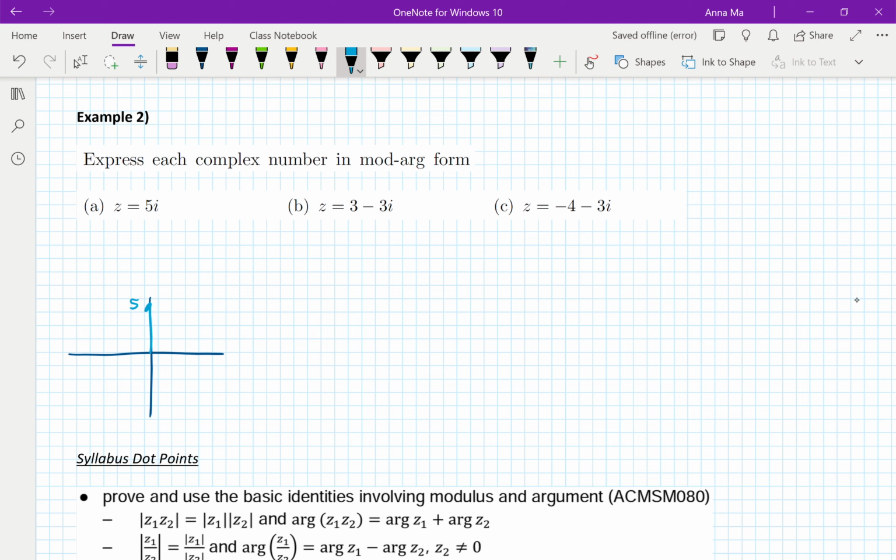So if I think about that as a line that started from the positive real axis and has moved, I can see that it's moved by an angle of pi on 2, anti-clockwise of course. And if I consider the circle, my radius r would be 5, or the length of that interval would be 5. So I can say that this in mod-arg form would be 5 cis pi on 2.